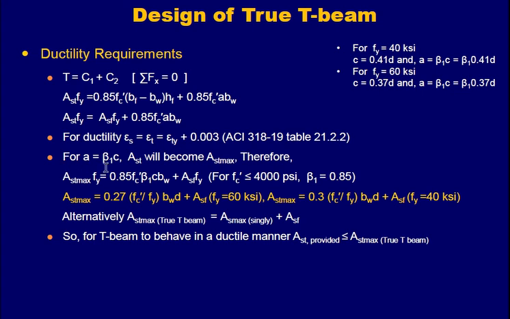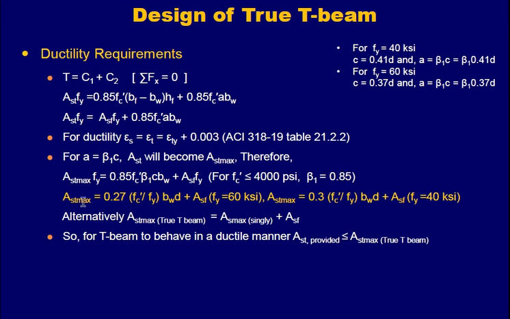So for a equal to beta1 into c, this total area of steel will become Ast maximum. Therefore, Ast maximum into Fy is equal to 0.85 fc' beta1 c into bw plus this term ASF into Fy. For fc' less than or equal to 4000 psi, you know that beta1 is equal to 0.85. If you are using higher grade concretes, it will reduce by 0.05 for each 1000.